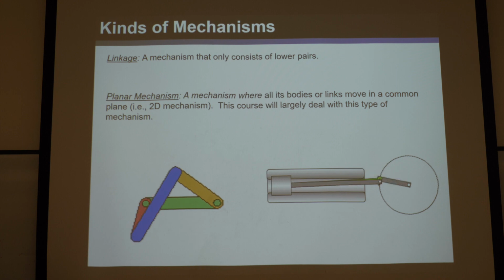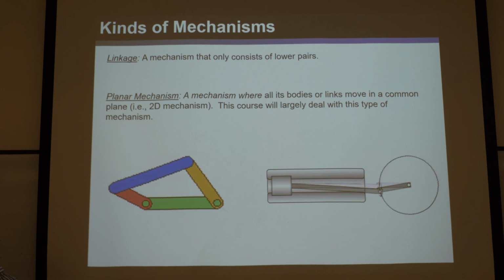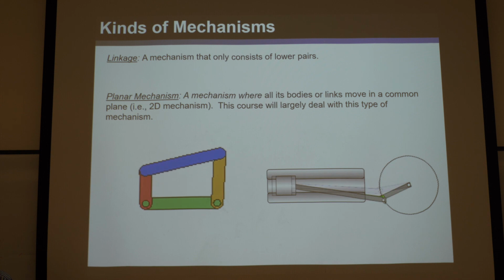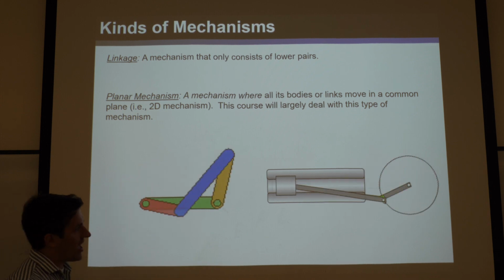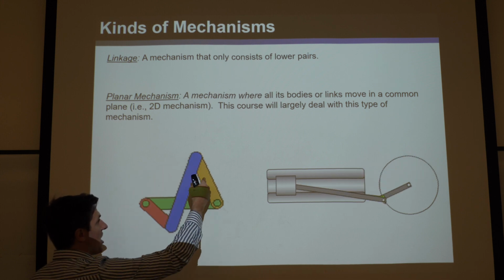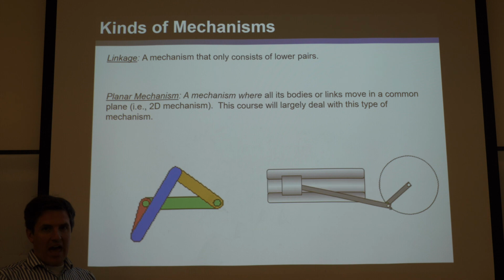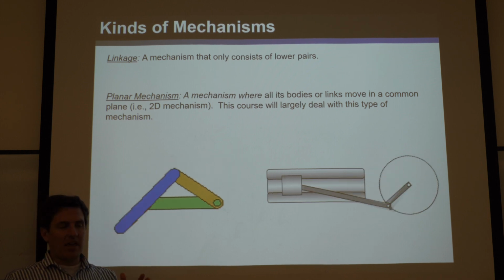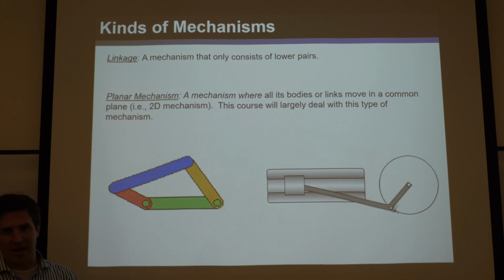Okay, so let's define what is a planar mechanism. Well, a planar mechanism is a mechanism where all of its bodies or links move in a common plane. It's also called a 2-dimensional mechanism. And so, for instance, if I were to get a marker and put dots on different links that are moving, and I were to trace the path of those dots, if all those dots lie on the same plane, then it's a planar mechanism.